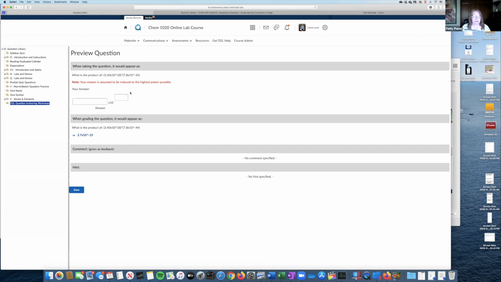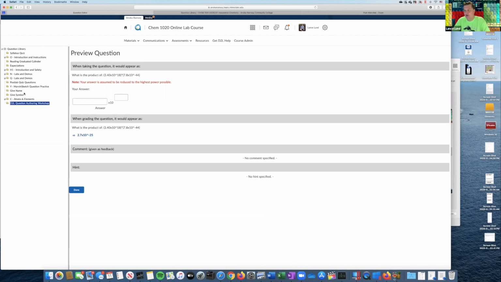So if I want to do a significant figure problem, I always do an arithmetic problem, and then I have to keep in mind the types of possible answers that students could have. And so I always write out an arithmetic problem and make sure that if I calculate something that's supposed to have 3 significant figures, I don't have a possible result that could show up as 4 significant figures.